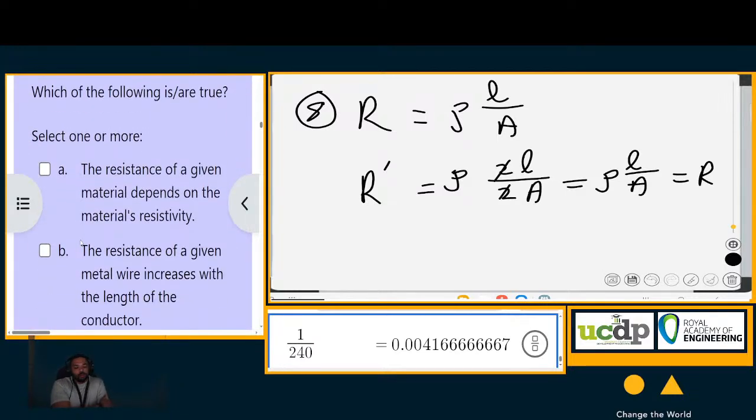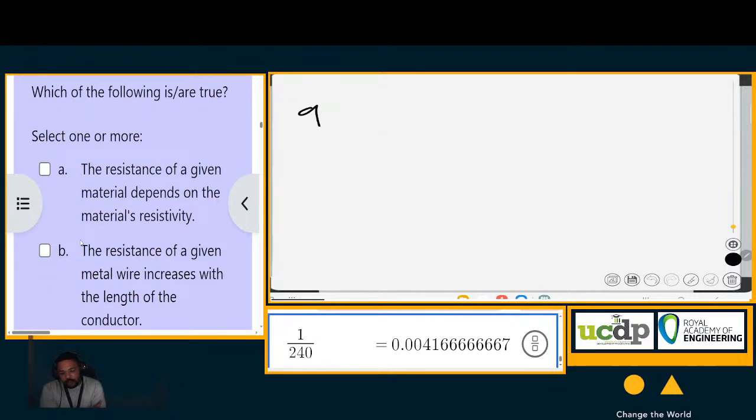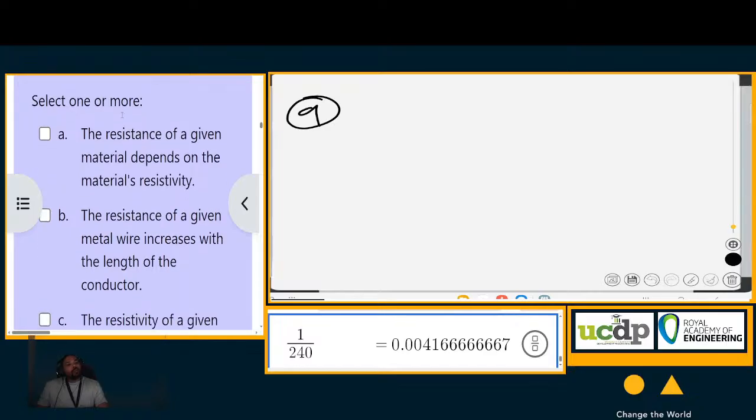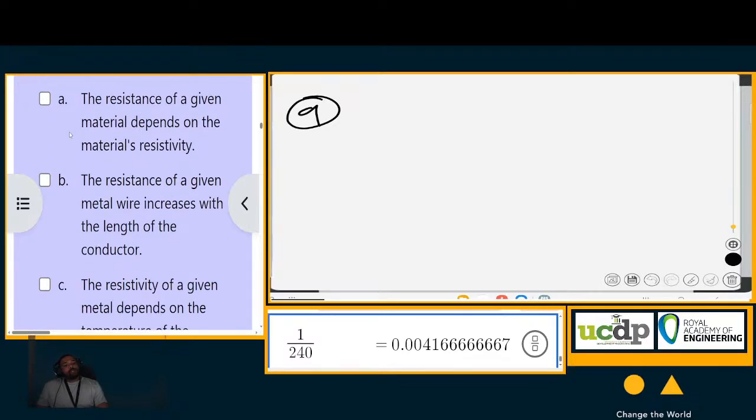The resistance will remain the same. That is correct. Number 9, second to last question. Which of the following is true? A, the resistance of a given material depends on the material's resistivity.